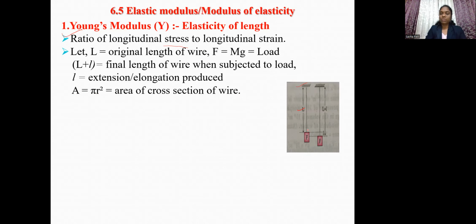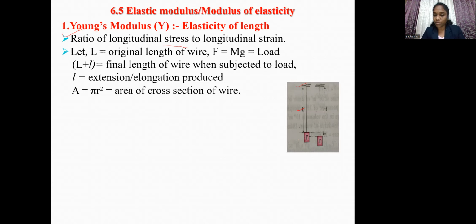Now, due to this, deforming force gets applied to the wire in downward direction. And due to this deforming force, the wire gets stretched. That means it elongates, or extension is produced in the wire.